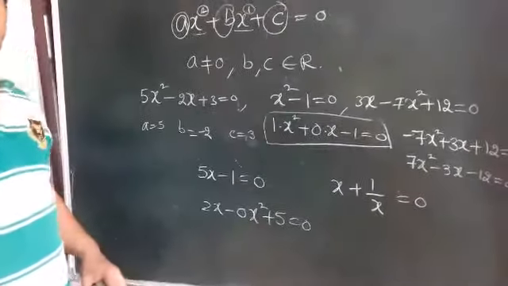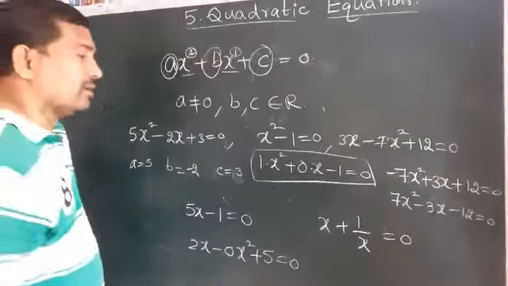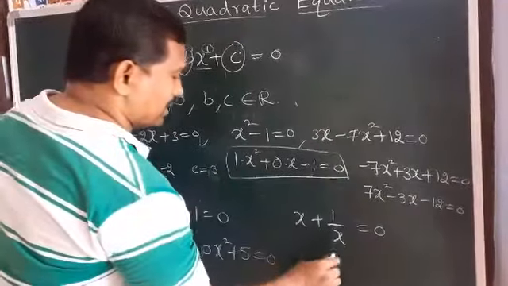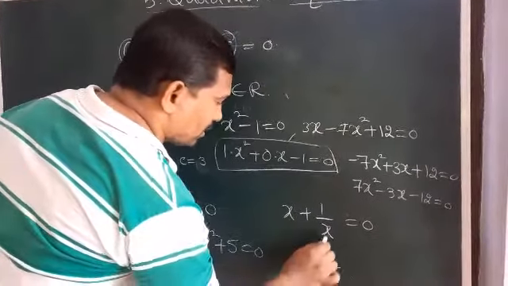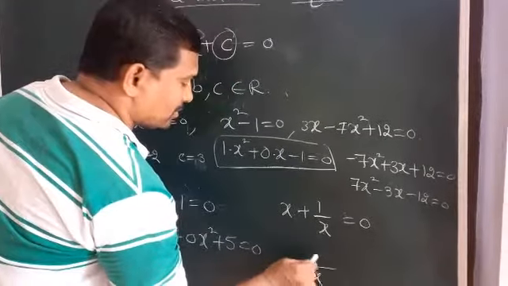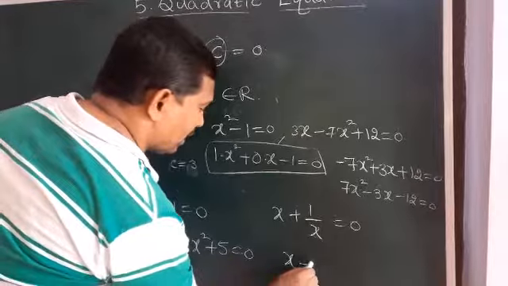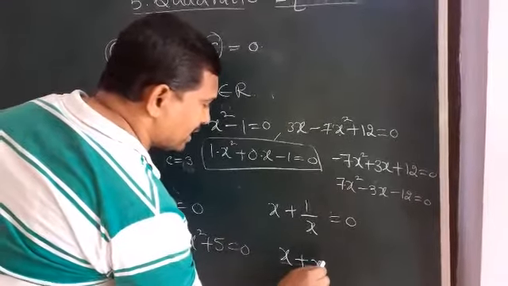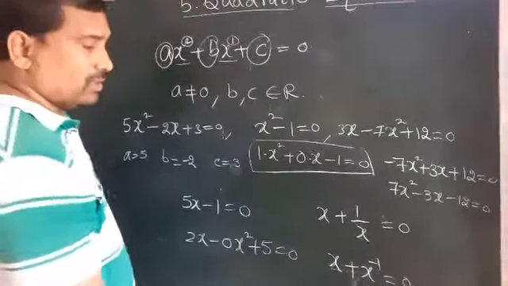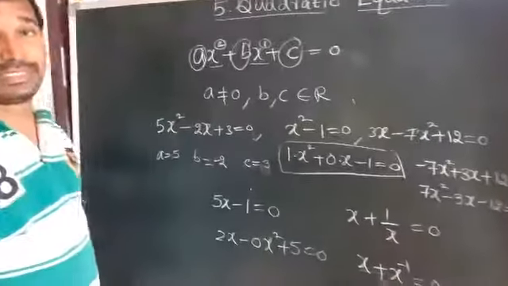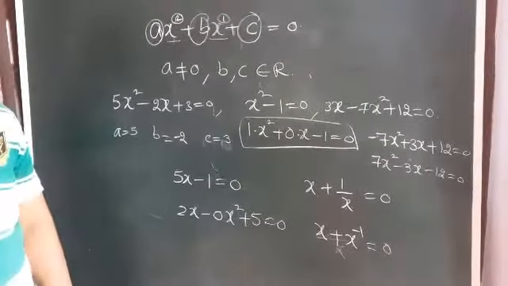Is it quadratic equation or not? See, let us see x plus 1 by x. Let us simplify this. Take LCM x. If you write this, convert into x plus 1 by x, we can convert as x power minus 1 equals 0. So there is no x square term. It is also not a quadratic equation. Okay. Now let us see some examples.